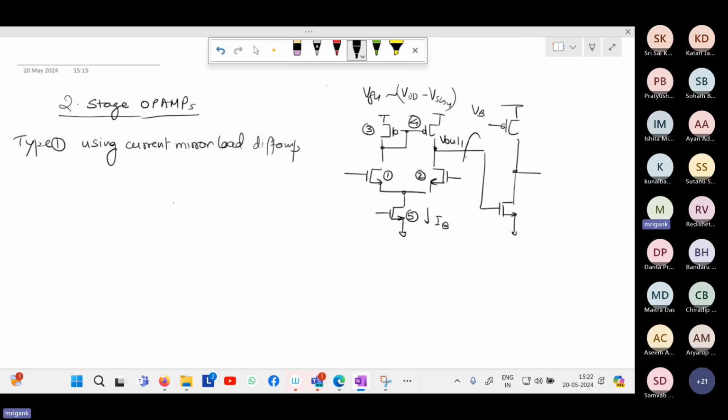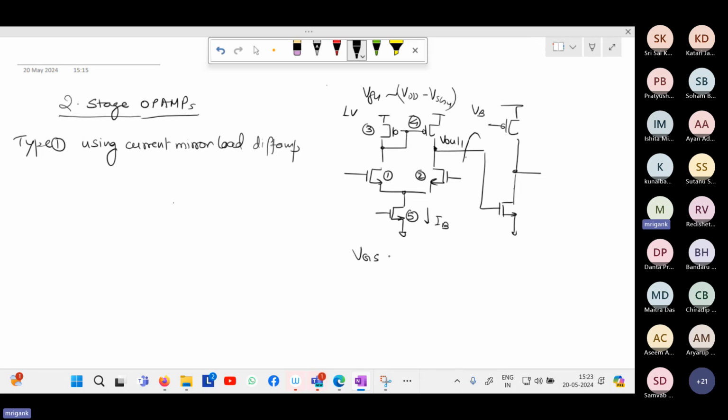So if you just put some numbers, VDD suppose 1 volt, and VDD minus VSG, that means ultimately you're talking about what is the VSG of this MOSFET. VSG will be somewhere close to VT. So what is VSG for any NMOS?